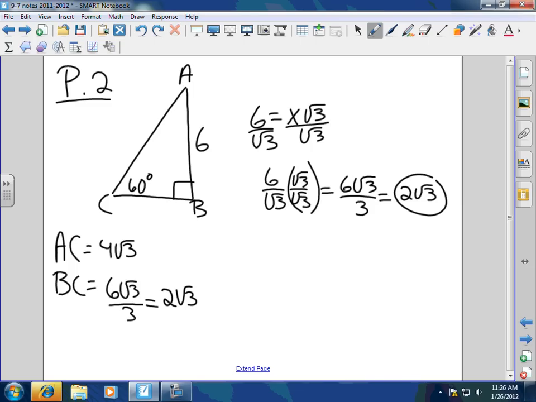Those are tricks that are not found in many books. So be careful with that. Yes, sir. Isn't this 12 times radical 3 over 3? Doesn't that equal 4 radical 3?